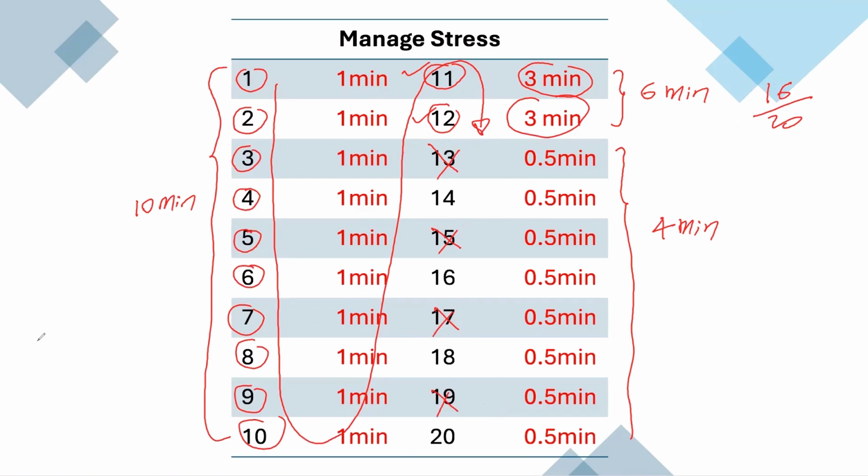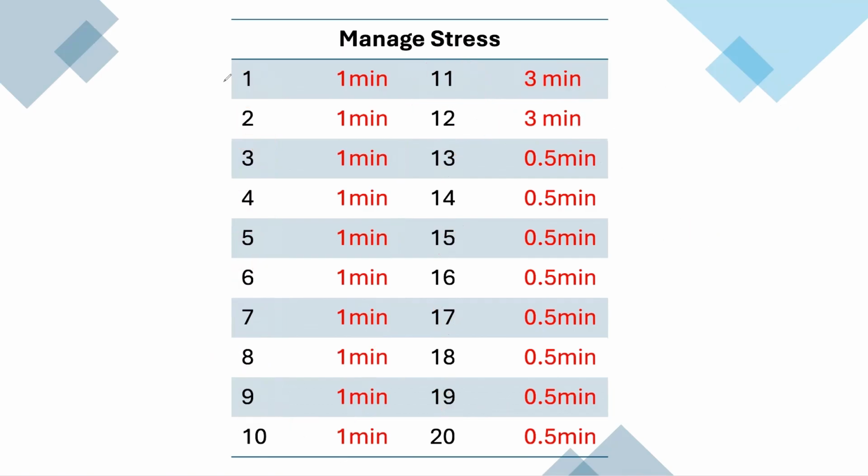But let's assume that you are very concerned about your time management. You do these questions within 10 minutes and then you skip these 2 questions for a while. You will lose 2 marks, because spending 3 minutes doesn't mean that you get 3 marks. Still it is 1 mark there. So you will lose 2 marks, but then you will finish the easy questions.